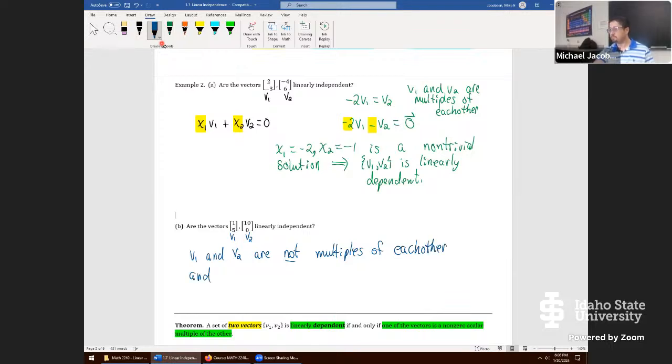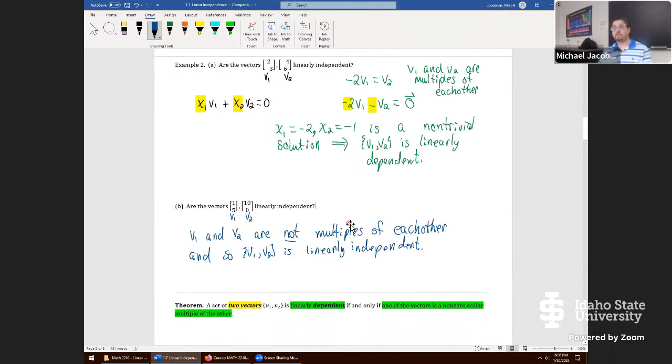And so V1, V2 is linearly independent. So that's the conclusion on this one here for part B. So two vectors and one vector, these are pretty fast to determine just by visual inspection if we have independence or dependence. Any questions at all, folks, on these two so far?